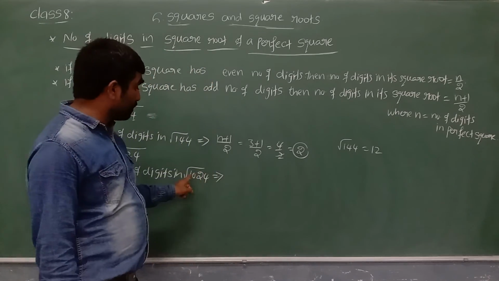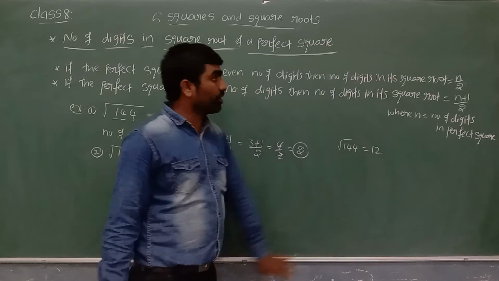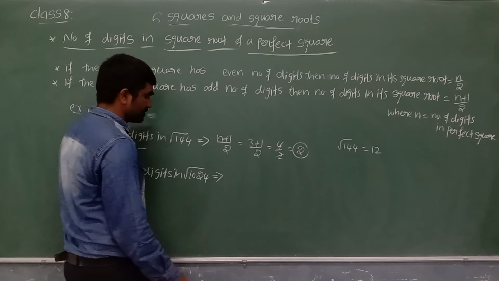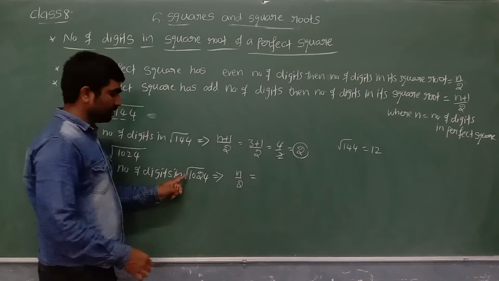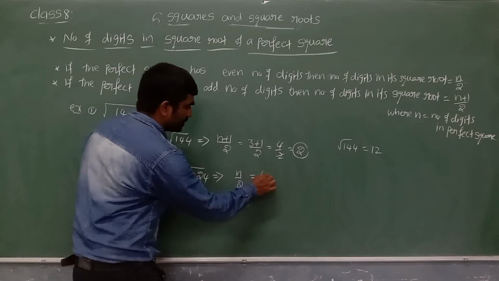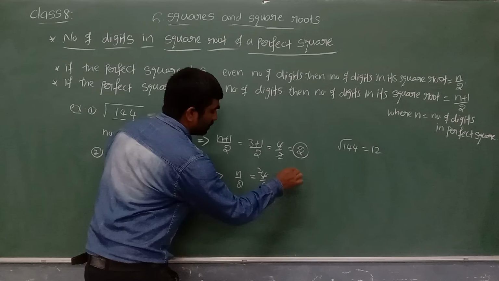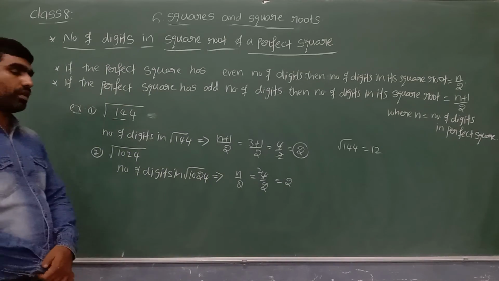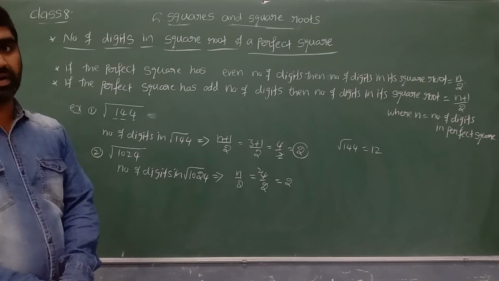So when it has an even number of digits like 2, 4, 6, we have that formula to know the number of digits in its square root. Now the formula is n by 2, where n is 4 digits. 4 by 2 is 2, which means it contains 2 digits. So we can apply this concept to know the number of digits of the square root of a perfect square.